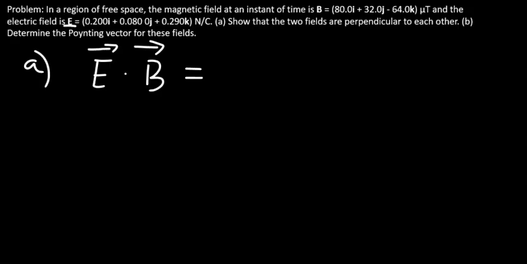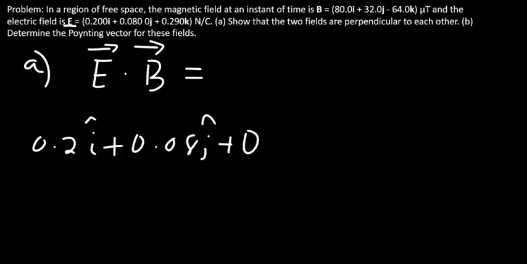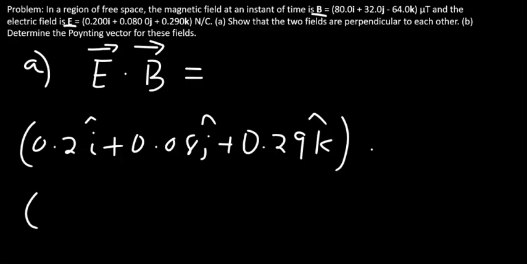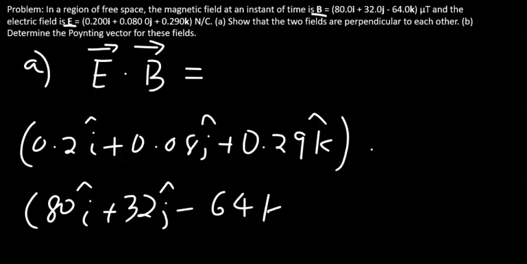Your electric field is given by 0.2 i hat plus 0.08 j hat plus 0.29 k hat. And we want to dot this vector with the B vector, which is 80 i hat plus 32 j hat minus 64 k hat.